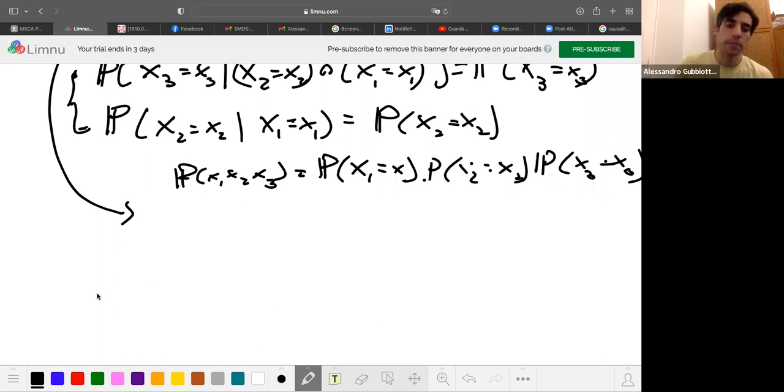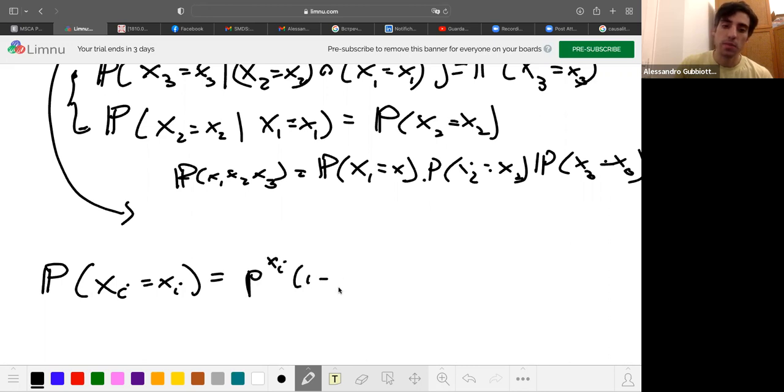And once again we use the same equality as before: the probability that Xi is equal to little xi is equal to p to the power xi times 1 minus p to the power 1 minus xi. Once again, why is this true?